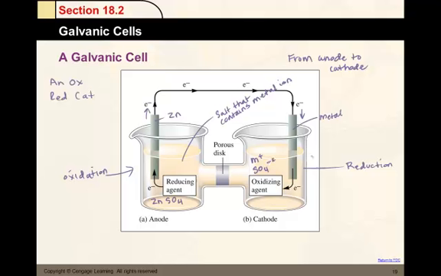So the metal and the salt of that metal are on the same side, in the same compartment. Could be copper, it could be silver, gold. We don't have enough funds in the science department to do any experiments with those kinds of metals, but you get the idea. So what happens is, during the process of oxidation reduction, this electron can flow, and we can do useful work. In other words, usually you will see a voltmeter up here, and it can register how much voltage is passing through.